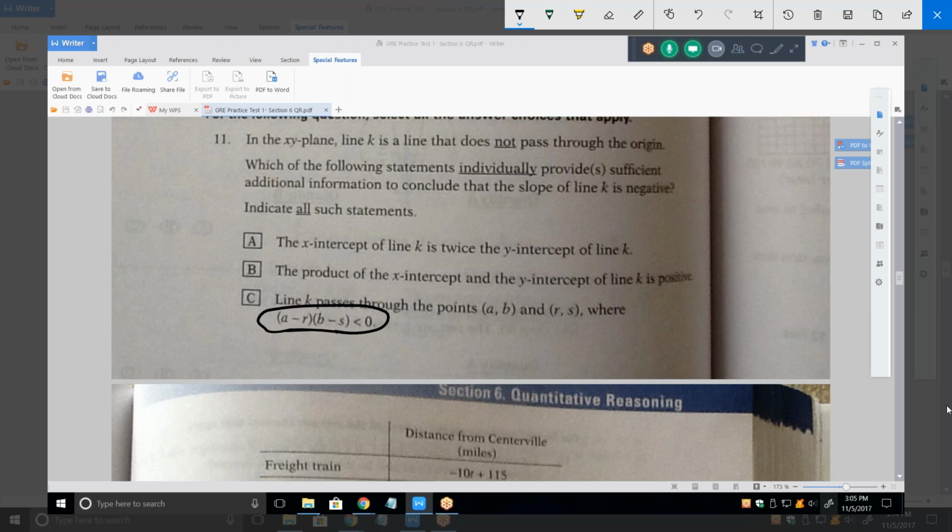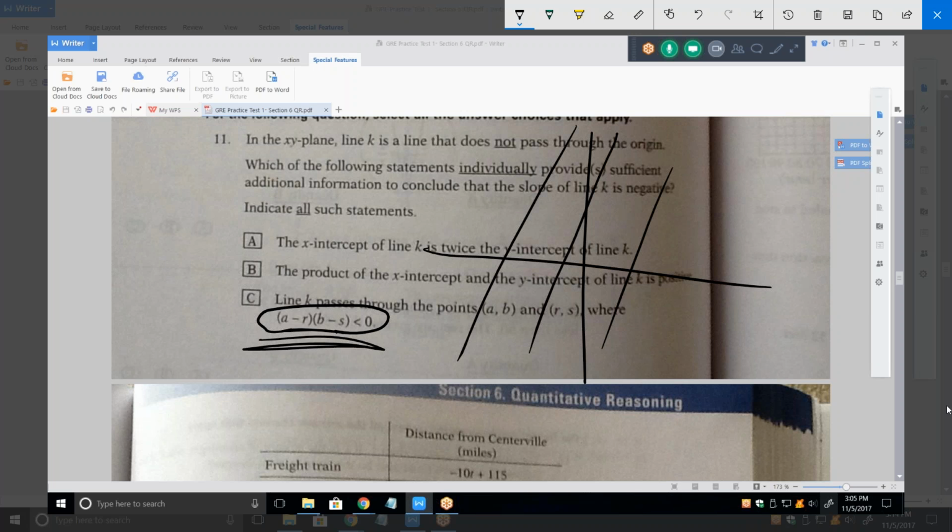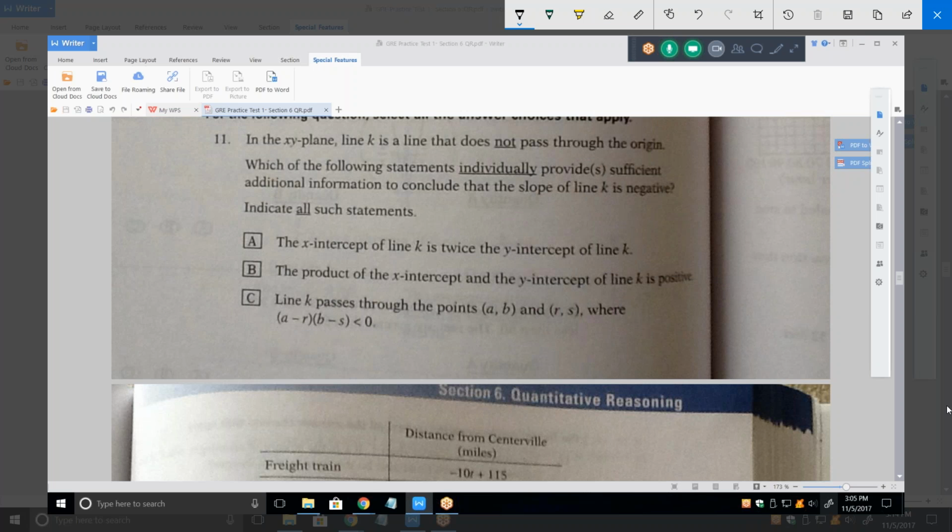The fastest way is you just sit there and try to draw some slopes, positive slopes, and put your A, B, R, and S on there and see if you can get a positive slope that has a negative answer, and you can't do it. I tried 3 or 4 different ways. So that's probably the best way to do it. I'm not necessarily saying that this algebraic way is the best way for you to do it.